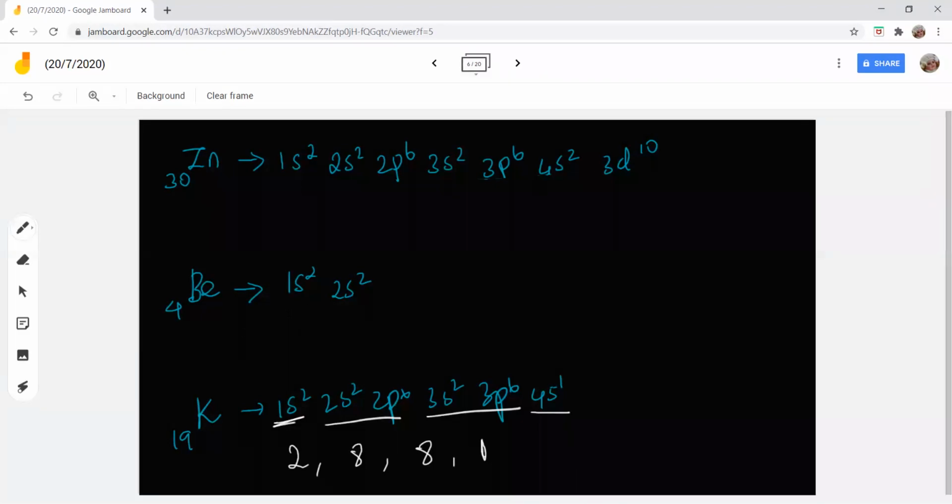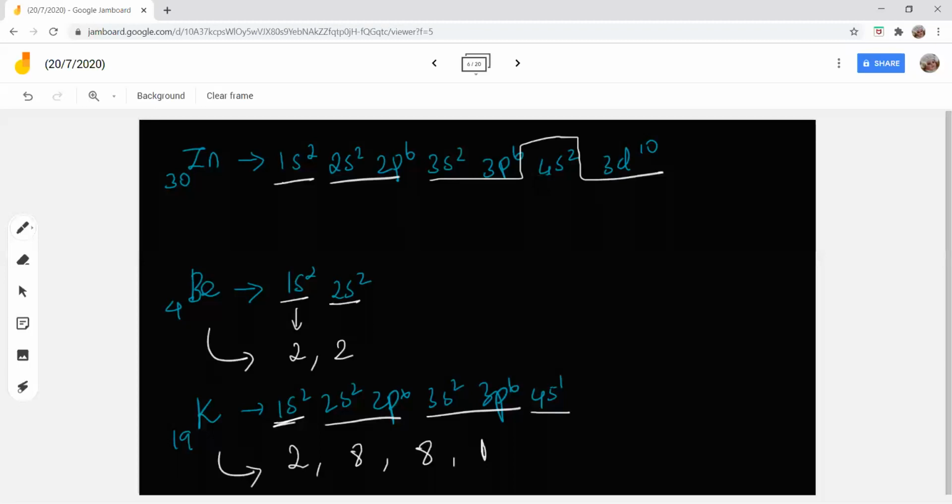Now again, 1s belongs to the first energy level, 2s belongs to the second energy level. In 1s you have 2 electrons, in 2s you have 2 electrons. So we have got the electronic configuration of beryllium. Now again for zinc, if you see, you have 1s2, 2s2, 2p6 like this, right? So now first you had your 1s, first energy level. 2s, 2p belong to the second energy level, 3s, 3p and 3d belong to the third energy level, 4s belongs to the fourth energy level, correct?